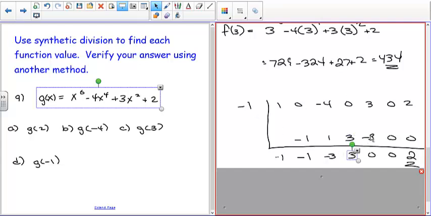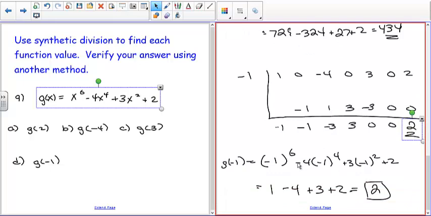Negative 1 times 3 is negative 3. 3 plus negative 3 is 0. Negative 1 times 0 is 0. 0 plus 0 is 0. Negative 1 times 0 is 0. 2 plus 0 is 2. So that's the remainder. And if I evaluate the function at negative 1, I get 2. So again, those match up.